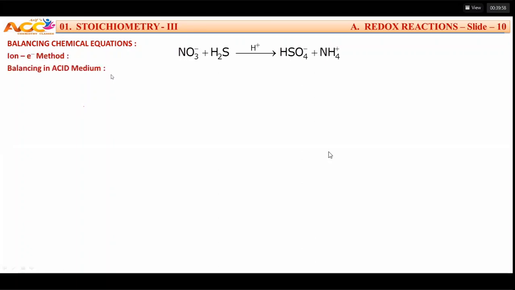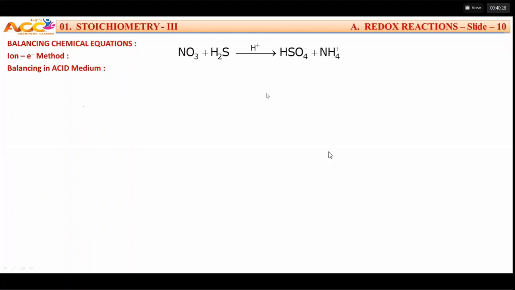Ion electron method in acid medium. Here we have certain steps. All these steps we have to keep in our mind. In your notes, you have to write this. In IP examination, they will ask to write down these steps also, but we don't require all those things. We have to apply these steps. What is the meaning of balancing in acid medium? Step number 1: see the reaction that is given to you, and then make this reaction into 2 half reactions, one for oxidation, one for reduction.